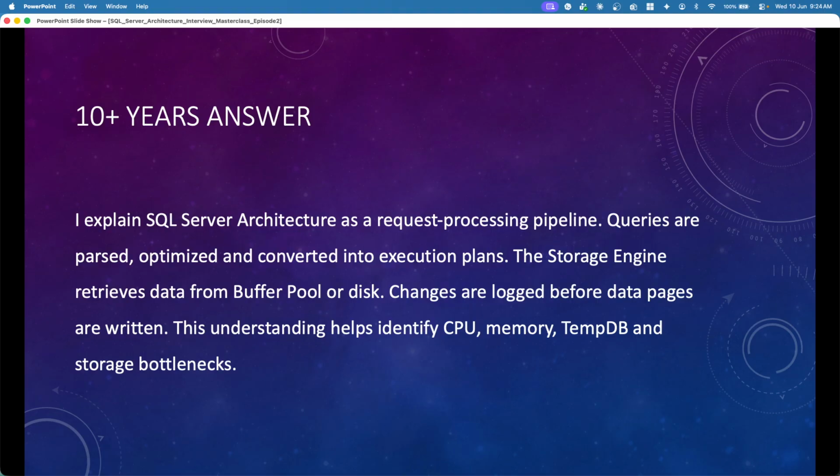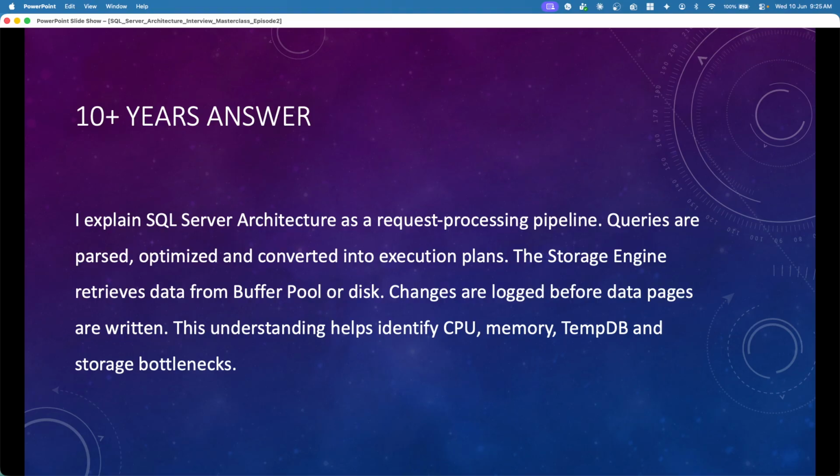For example, if I am giving the interview with 10+ years of experience, I'll say, I explain SQL Server Architecture as a request processing pipeline, because you are a little bit more experienced. So you need to change the words. Queries are parsed, optimized, and converted into execution plans.